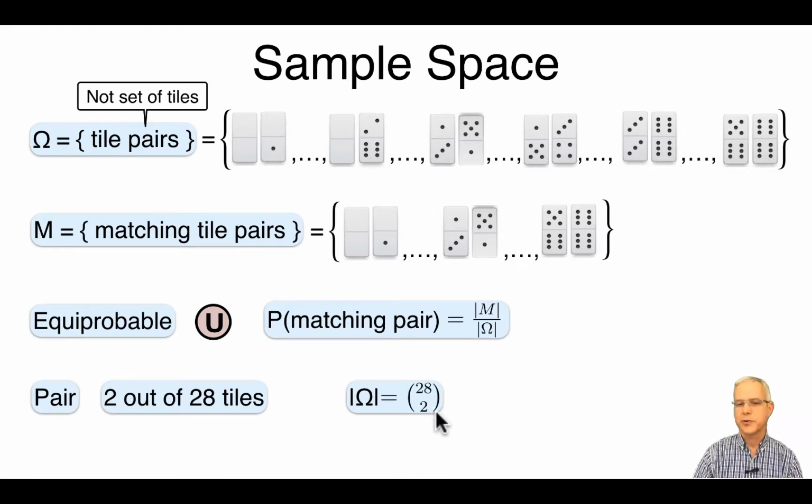We're not going to calculate it because as usual, we'll have lots of cancellations, so we'll just leave it at that. The only thing that we have left to do is calculate the size of M, namely how many of these 28 choose 2 pairs are matching pairs. So that's what we're going to do next.